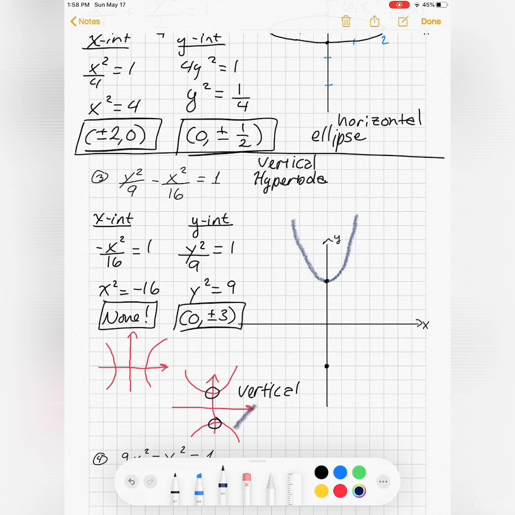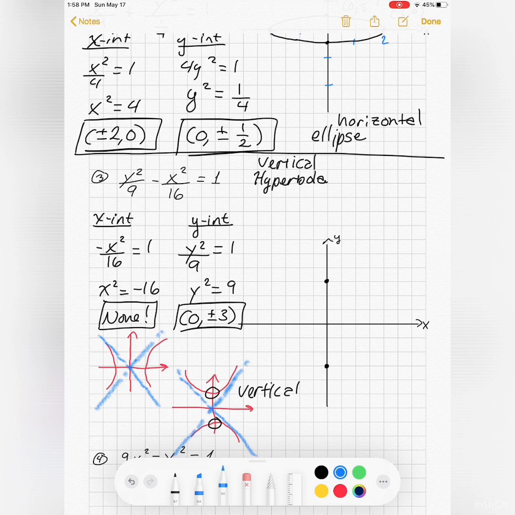I just don't know, is the hyperbola very wide, or is it very narrow, like so? So actually, these hyperbolas have asymptotes. So if you look at these little graphs I drew over here, I actually have asymptotes on here. And those are going to determine how wide or how narrow the graph is. So actually those are really easy to find.